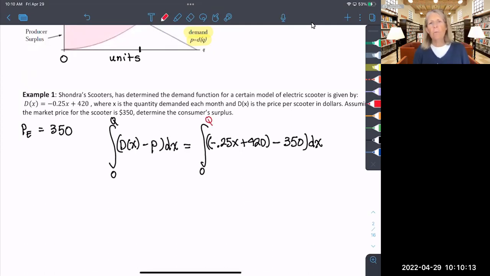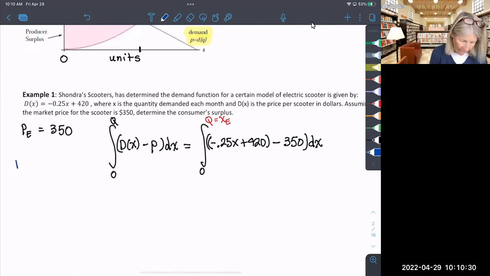So all of that I'm going to integrate, up to the equilibrium quantity. Now, I don't know that quantity, but I can find it, right? So call it Q, or you can call it X at equilibrium. So I need to find the X value that goes with the price. Well, that can be done because I have this equation, D of X is negative 0.25x plus 420.